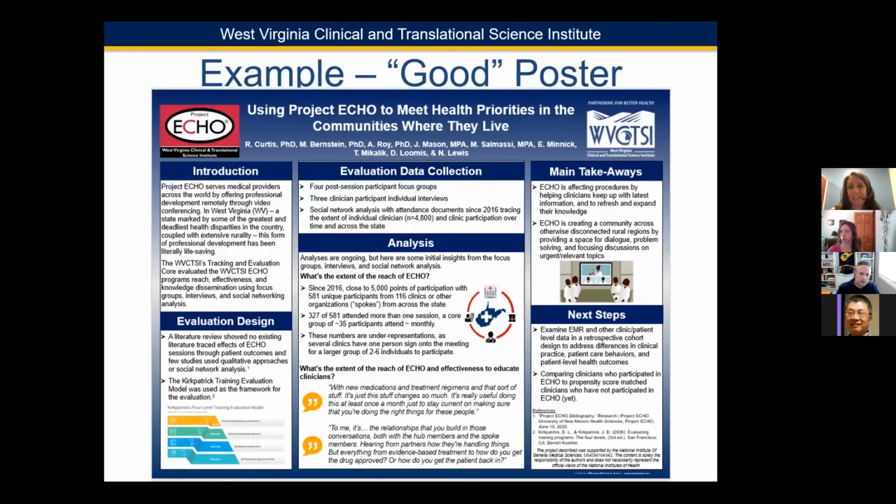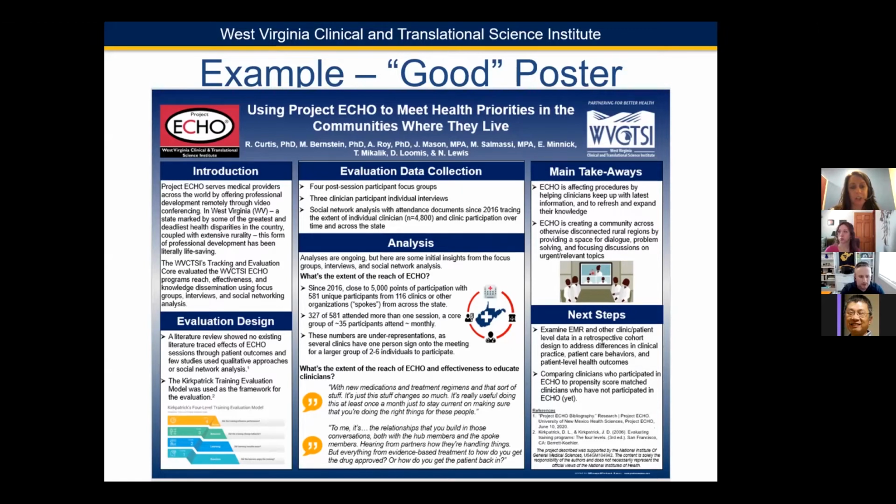Thanks, Jay. Here's an example of another good poster from some folks that you might recognize. Again, there are very clear section headers. In this case, instead of methods, it's an evaluation design, but it's very appropriate for the project description itself. They use infographics successfully.